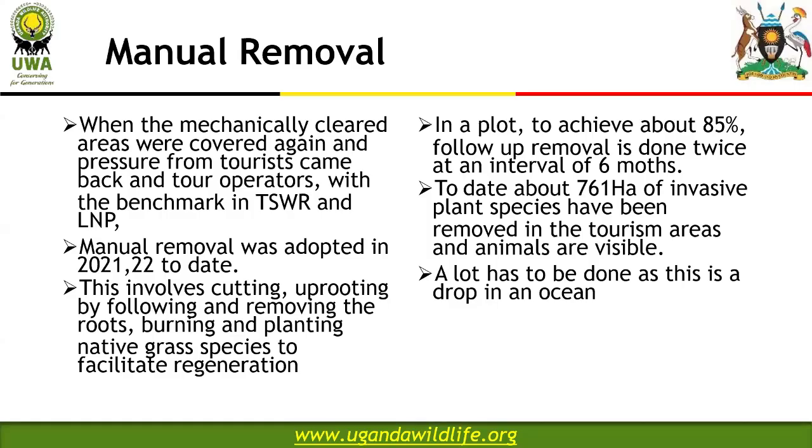So after his visit, all of us from 2023 to date, in all the protected areas of Uganda, we are currently using manual. Mechanical removal stopped, and I don't think there is any protected area in Uganda which is using mechanical, and we all now went to manual removal.